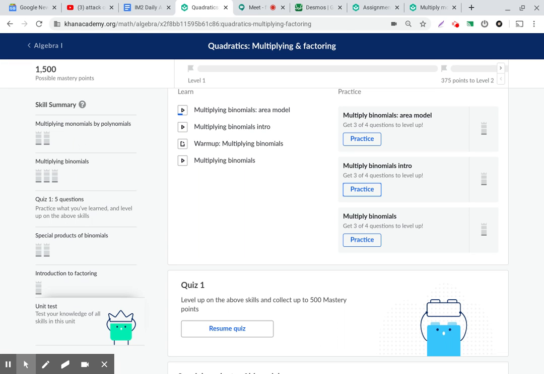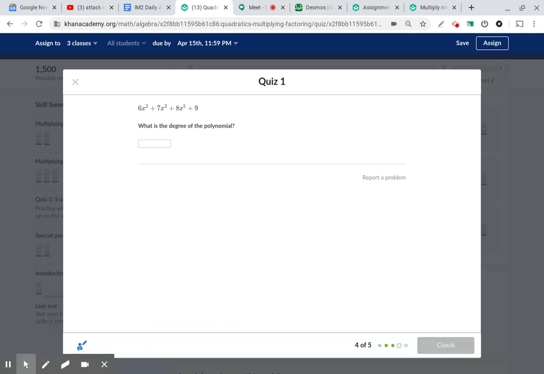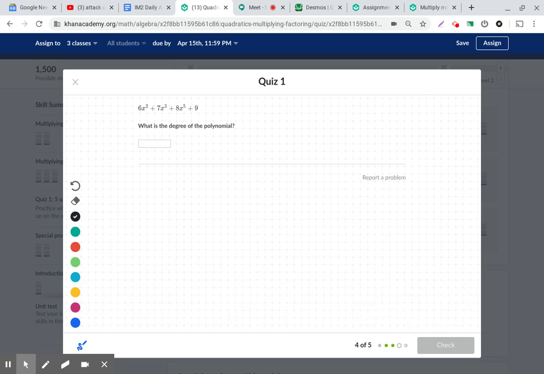On the quiz, I forgot to give you guys this little tip. Look at my screen real quick, everybody. What degree is the polynomial? The degree is the highest power, and this would be 5. So this is not a quadratic. The highest power is x to the 5th, so this is a degree of 5.